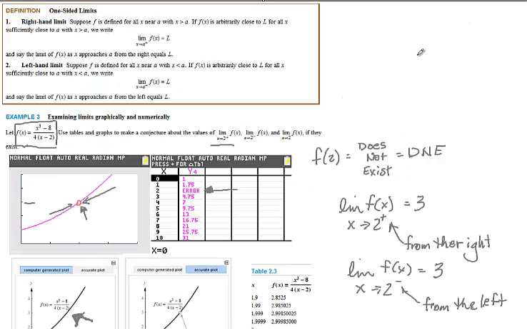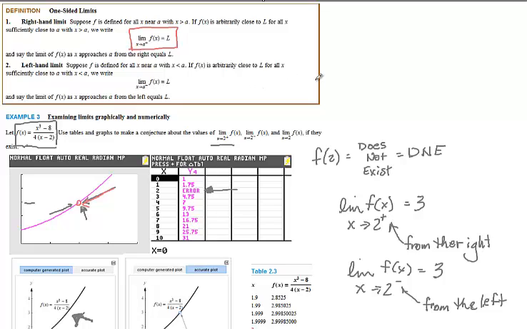Going up to the definition, I have a right hand limit, and this is saying look at those points that are approaching that x, but only look at the points from the right. The left hand limit tells you to do the same thing except from the left.